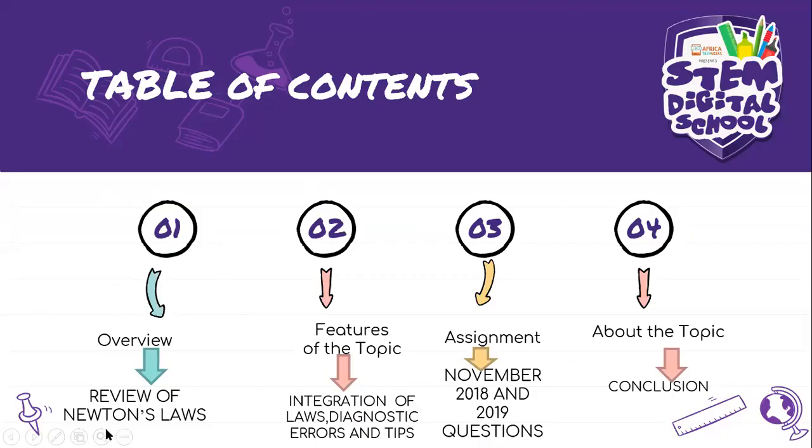Now, today we are going to look at these Newton's laws. We will review them using questions from previous examination papers, and we will be doing integration again of these laws. So I've chosen questions that integrate all these laws in one question, and then we'll do diagnostic errors, meaning some of the mistakes that you make as a learner, and tips as to how to rectify them.